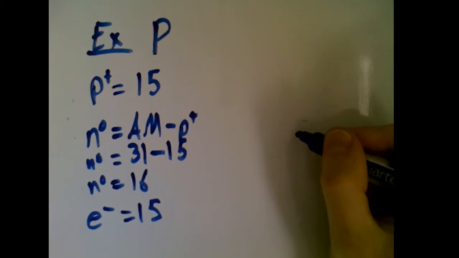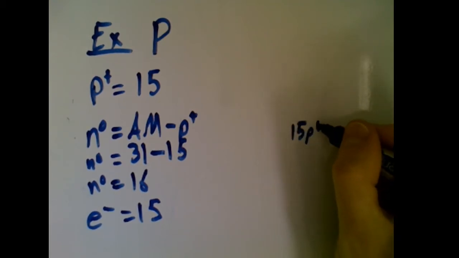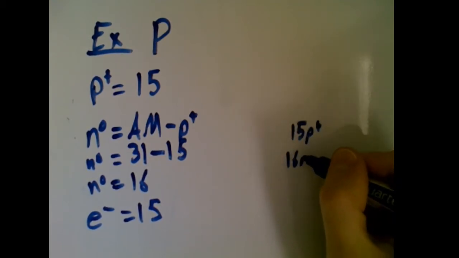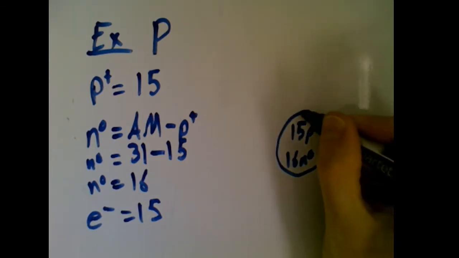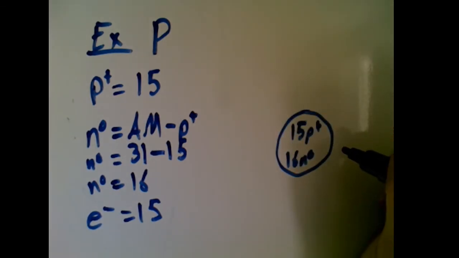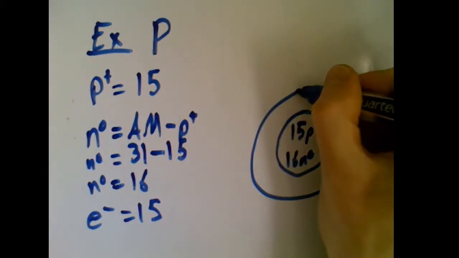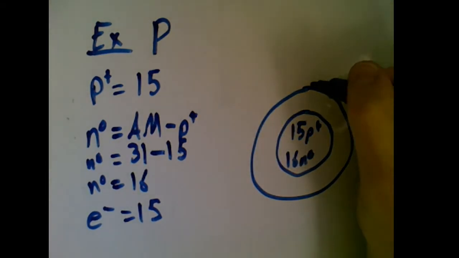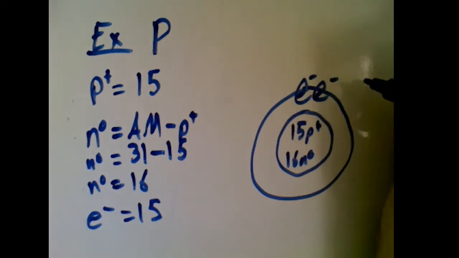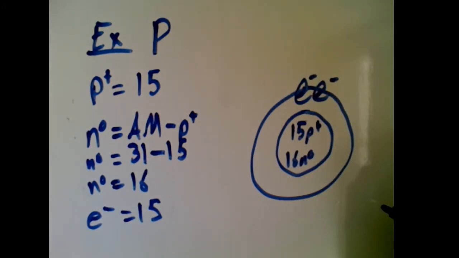All right, we draw the nucleus first, protons and neutrons in the center. So 15 protons, 16 neutrons. Draw your circle to represent your nucleus. First orbital, 2 electrons can go in the first orbital.